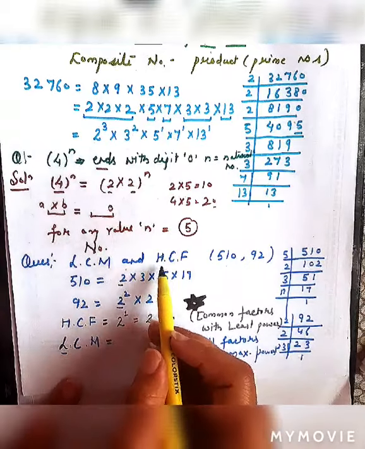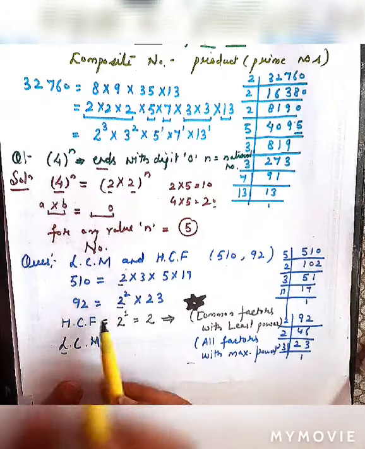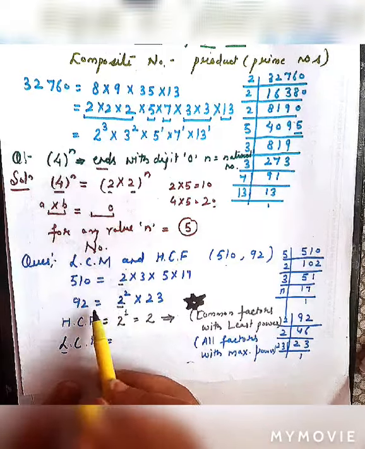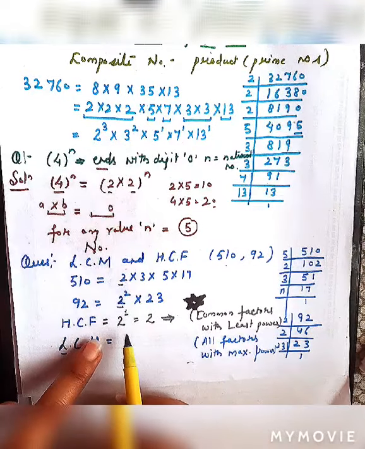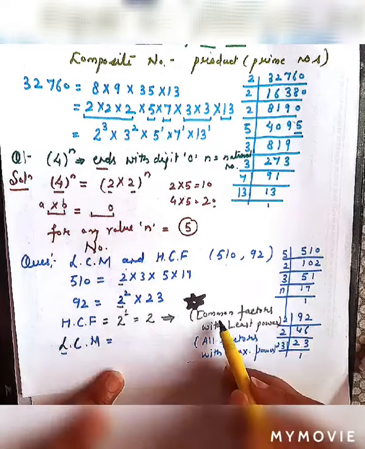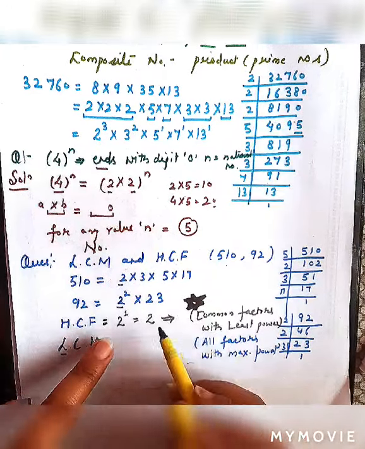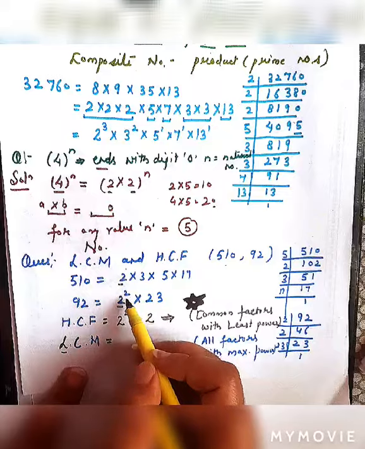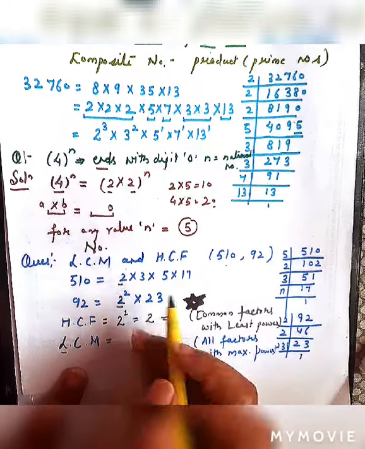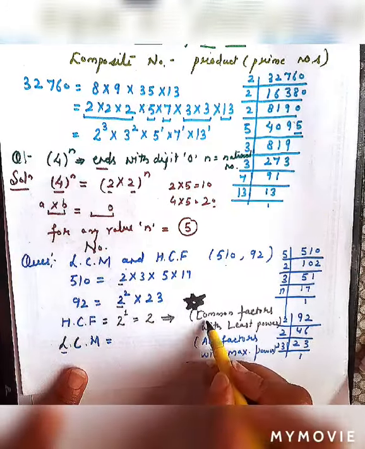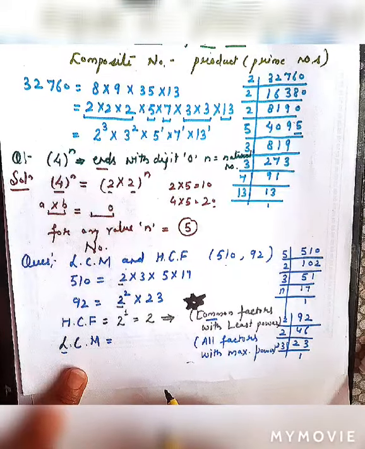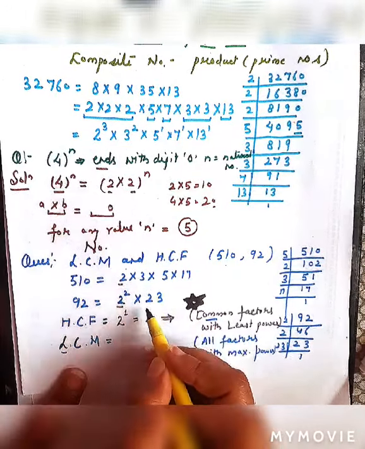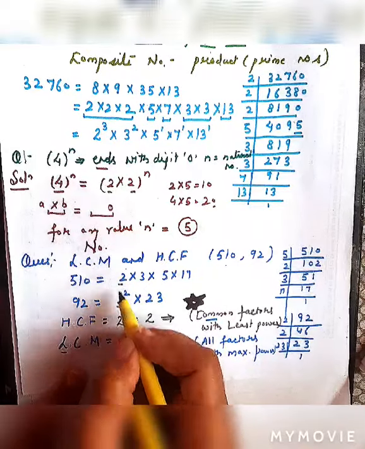Okay, we were doing least common multiple and highest common factor. So these were the factors of 510 and 92. What is highest common factor? This is actually a very important formula. We will write common factors with least power. Out of these two numbers, we will find the common factors, then the least power of those common factors. For example, the common factor between 510 and 92 was 2.